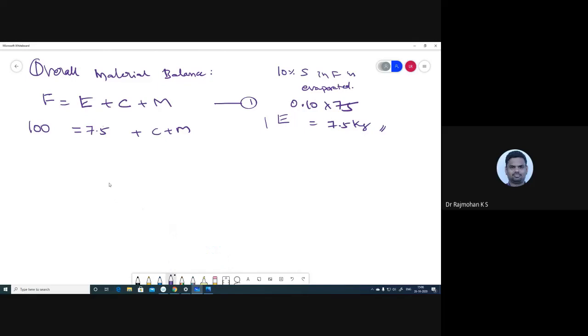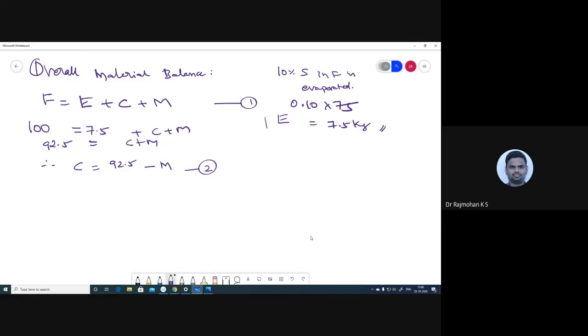How much? 100 minus 7.5 is 97.5, right? Sorry, 92.5. 100 minus 7.5 is 92.5, equal to C plus M. We can write C is equal to 92.5 minus M. Let it be 2. Okay.